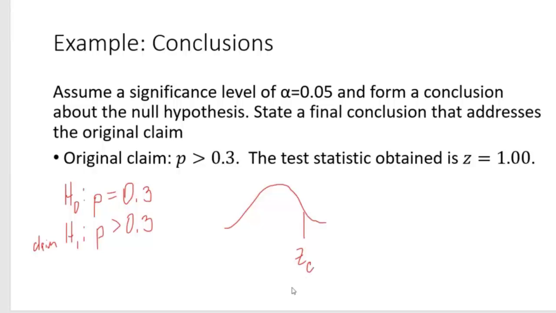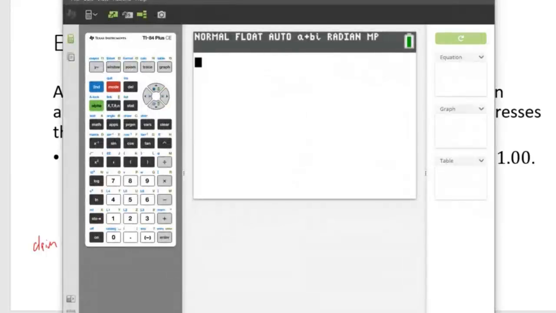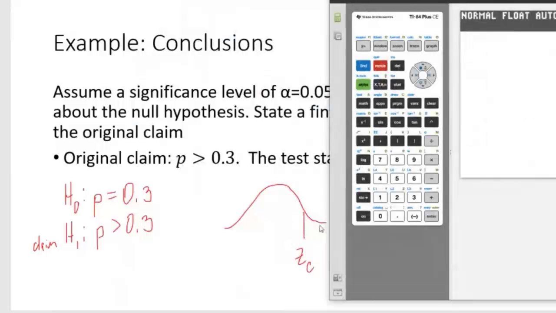So I don't have that one quite memorized, so we're going to bring up a calculator here. So we need to find out what that z-score is. So if this is 0.05 right here, because that's alpha, then this is 1 minus alpha, so this one's 95%. So I'm wanting to do an inverse norm for 0.95 on my area.